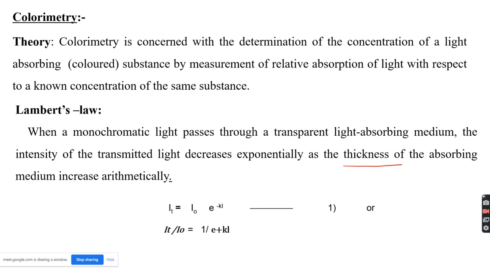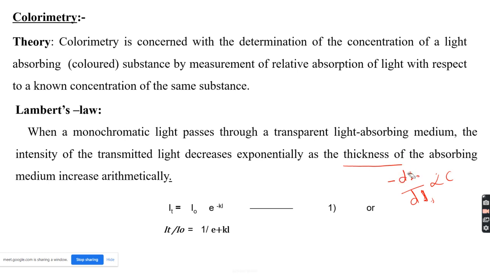We simply write it as minus dI by dt equals kI, or we can take it as It, the transmitted intensity, is directly proportional to C.